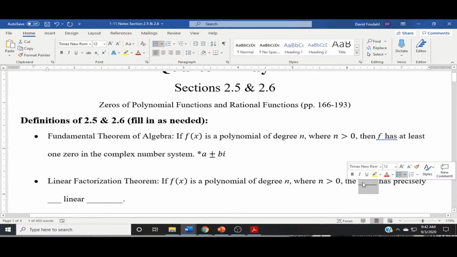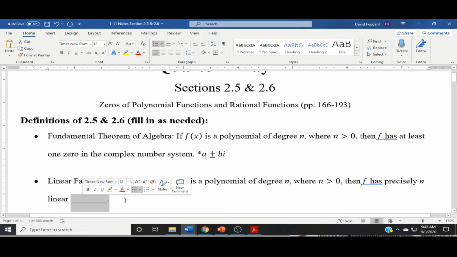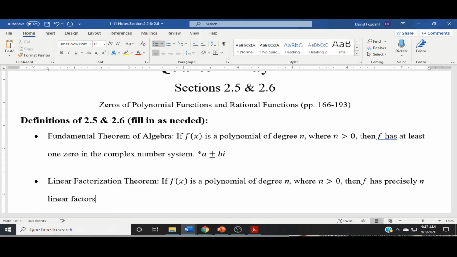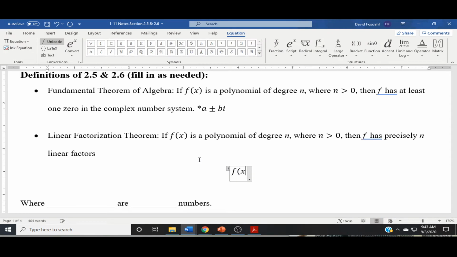Then f has precisely n linear factors, where we can write f of x equal to a times x minus c1, x minus c2, x minus cn.